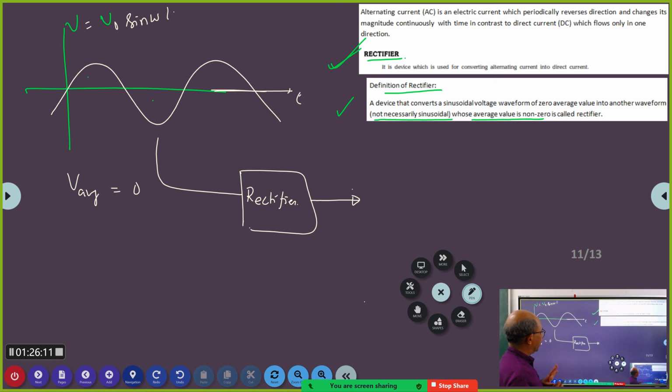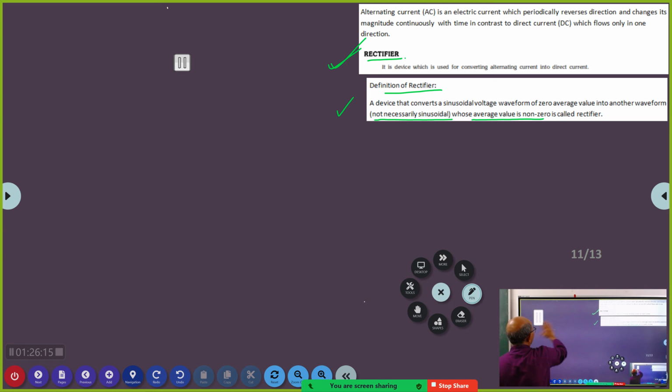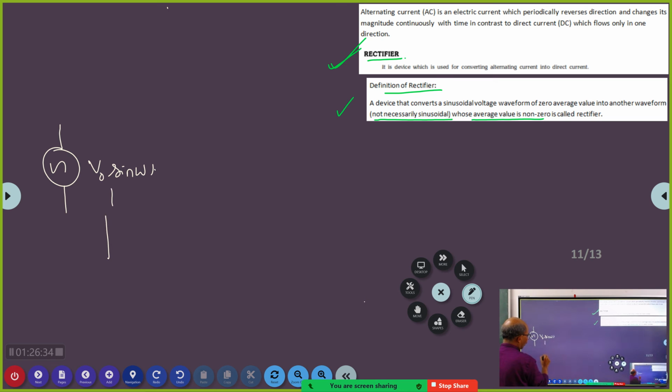Now let me do it like this. This is the symbol for an AC voltage source. It is going to give out V_0 sin omega t, that is, the waveform available at this point with respect to this point will be of this shape.